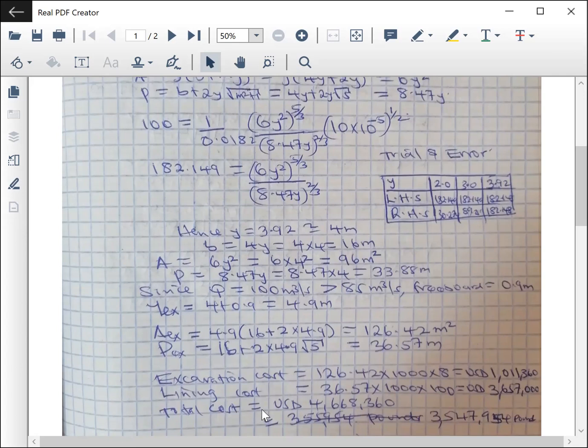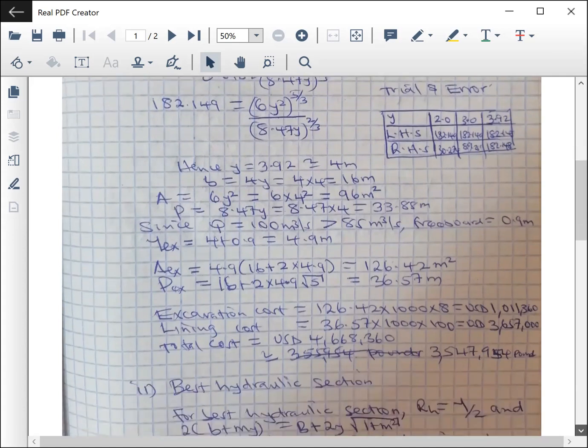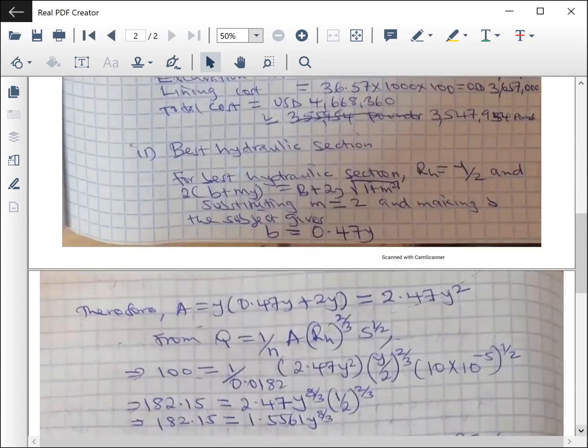So the total cost in terms of USD of constructing the canal will be 4,668,360. If you convert that money into pounds, you will find it is 3,547,954 pounds. Now, that was case 1.